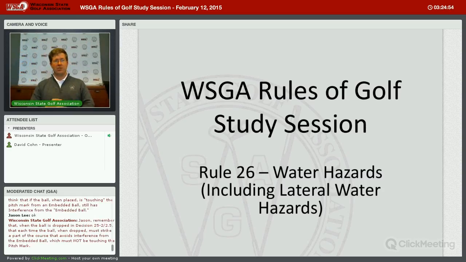So stroke and distance takes him to the tee. Option B doesn't exist because that would be out of bounds. Option C1, the 2 club length option within where the ball last crossed the hazard margin, doesn't exist because that would be out of bounds. But this last one allows him to come back to the fairway side of the hazard and take relief, and basically allows him to do something other than proceed under stroke and distance.